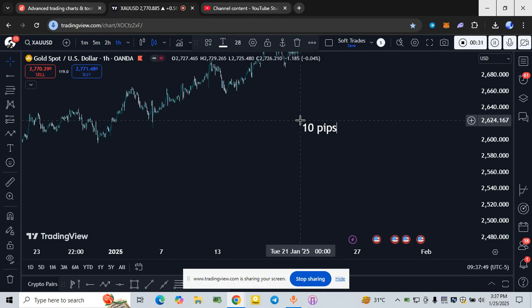Let me do it like this: 10 pips on a 0.1 lot size is equal to $10.